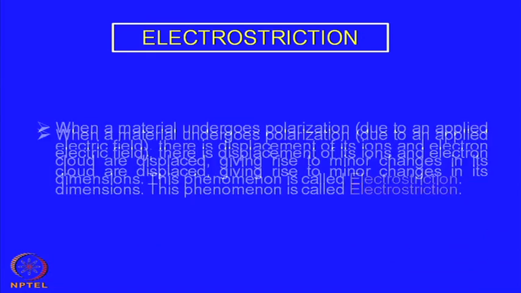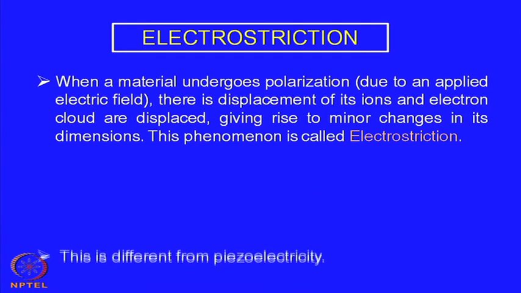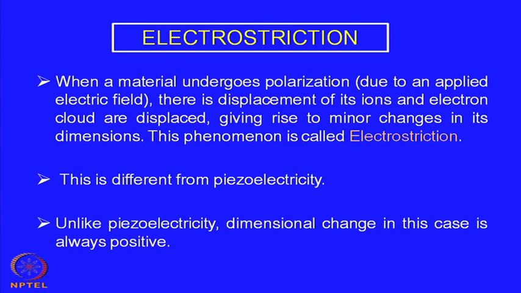Finally, the last slide in this I think is the electrostriction. Maybe we are aware of the so-called magnetostriction. Whenever there is a magnetic field, there is a volume change or dimensional change in the material. And similarly, there is an effect called the electrostrictive or electrostriction effect.